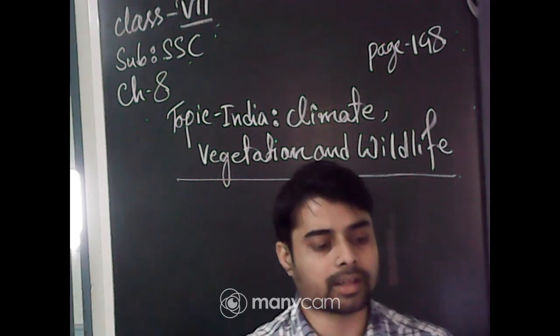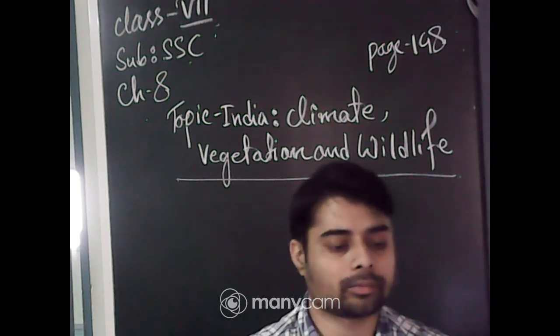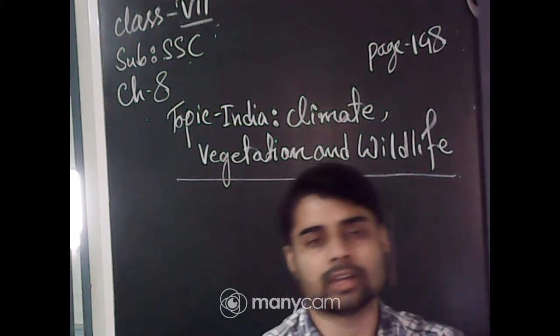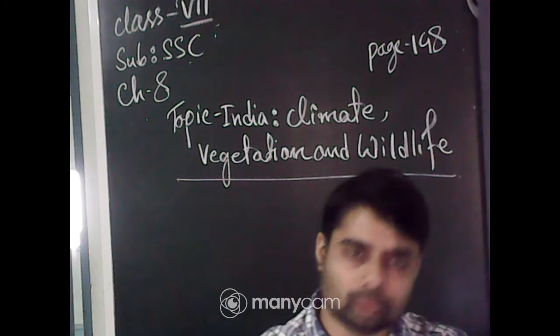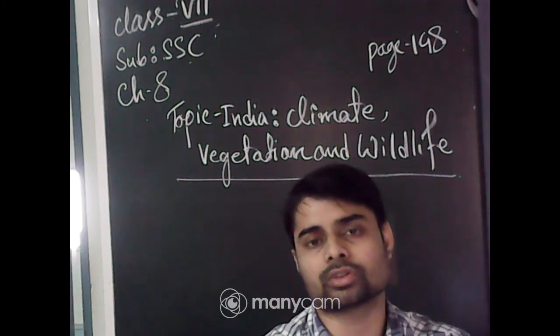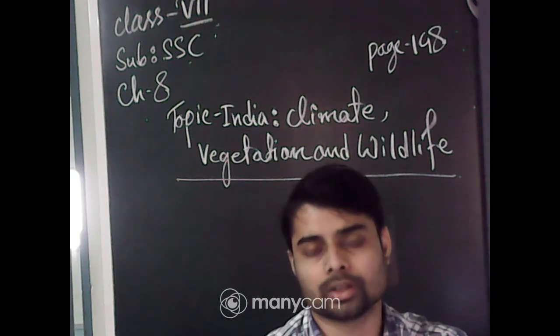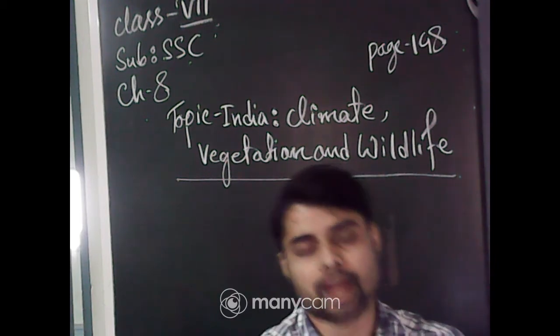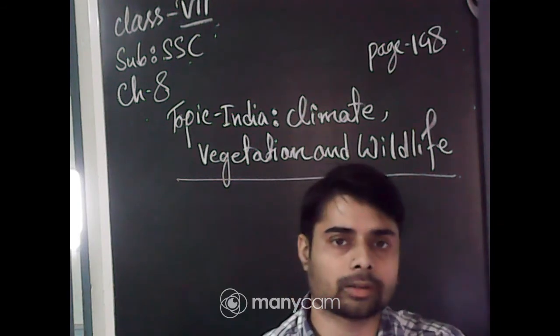Coastal places like Mumbai and Kolkata have moderate climates. People living in these places enjoy very pleasant weather all over the year. That's why these cities are among the most populated in the world. Kolkata has a population of more than 1.1 crore, and Mumbai nearly more than 1.5 crore.